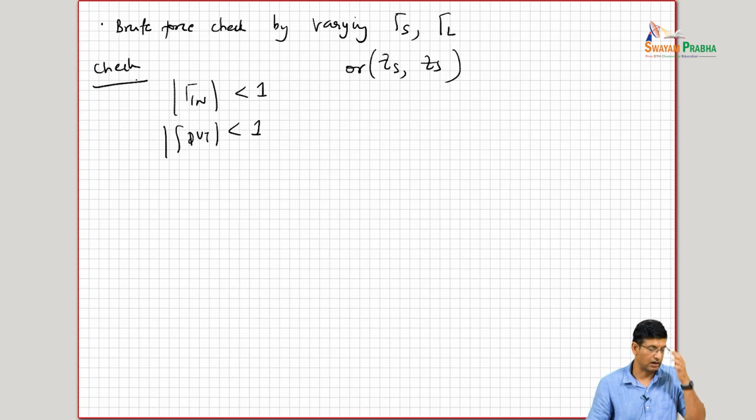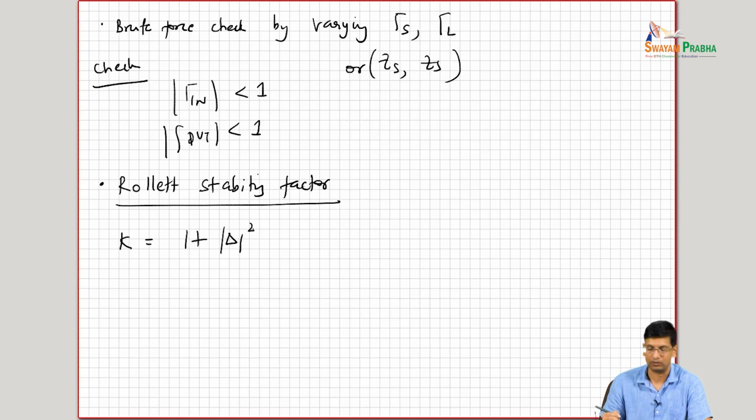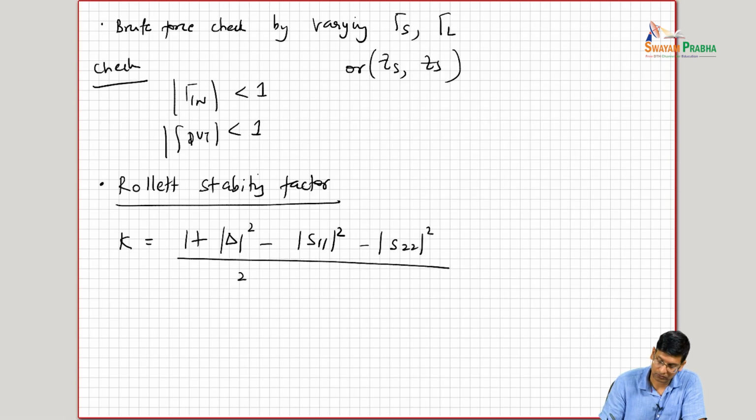But there are also these concepts of stability, where you can show what we call the Rollett stability factor, which is usually represented as K, and that is 1 plus delta squared minus S11 squared minus S22 squared, divided by 2 S12 S21, right.